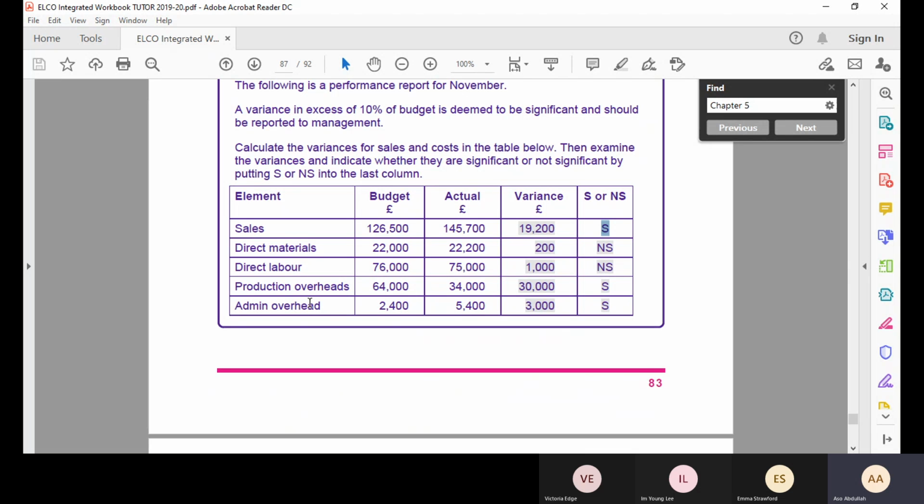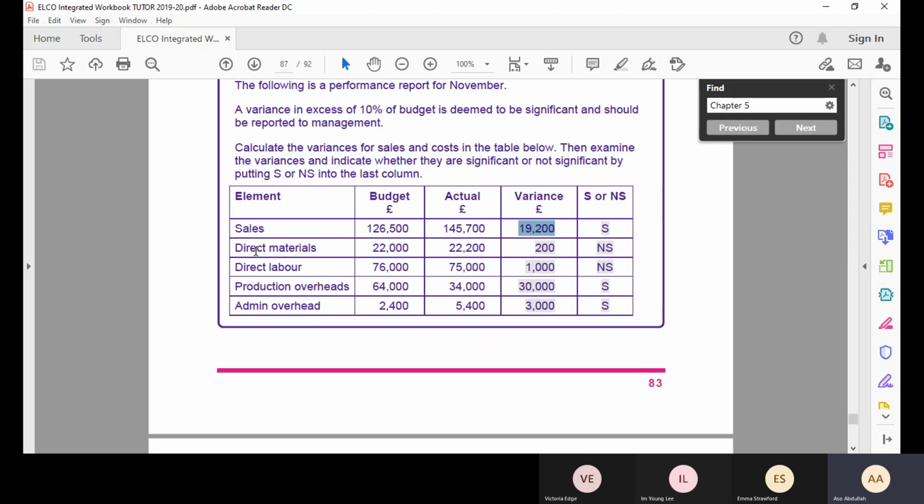So you have different people responsible for different tasks, and you need to report each of these to the appropriate manager. If it is labor, you have to report to the production line manager.